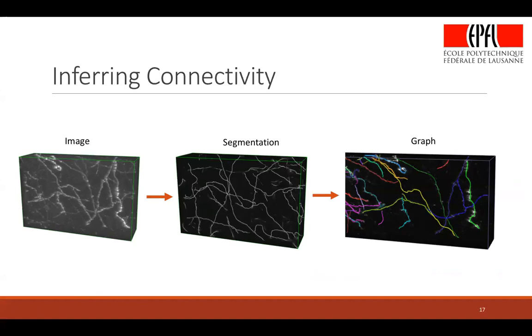And here we have an example of a 3D scan of neurons in the rat brain. What neuroscientists are really interested in is how many neurons are present, what is their connectivity, what is the branching pattern. And for that, we really need to have a graph representation of this network.